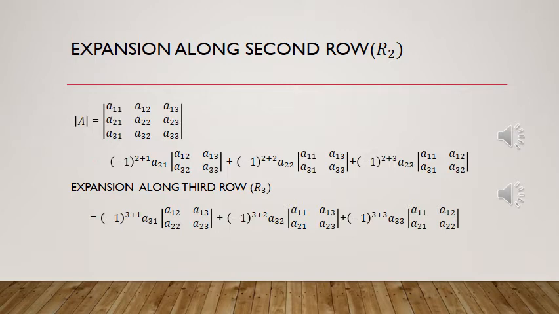That is A11, A13, A31, A33, plus third element negative 1 raised to 2 plus 3 into A23 multiplied by the determinant obtained by deleting the row and column where A23 lies, that is determinant A11, A12, A31, A32.